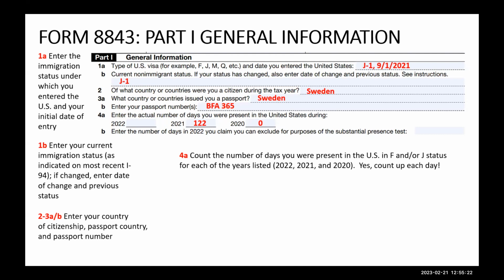Next question, can I use online programs like Tax Act to help file my tax? I'm not familiar with Tax Act. The thing you have to be really careful with is that online tax products like TurboTax are set up for US citizens and resident aliens for federal tax purposes.